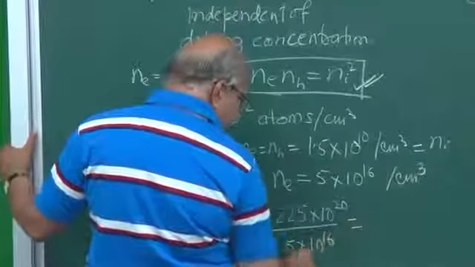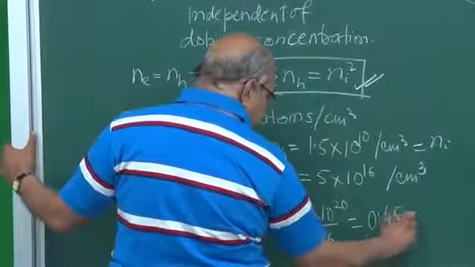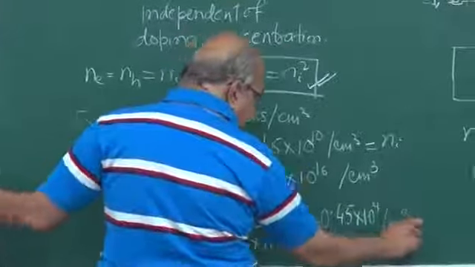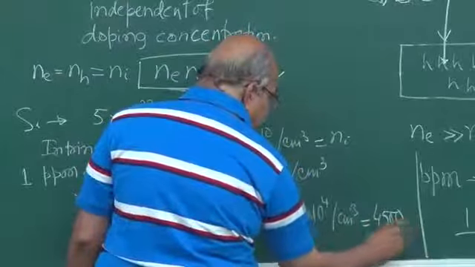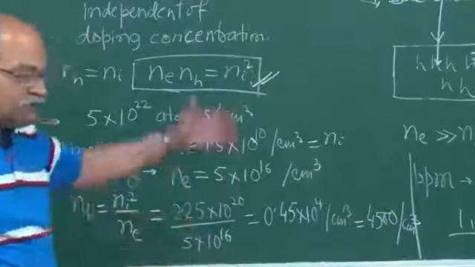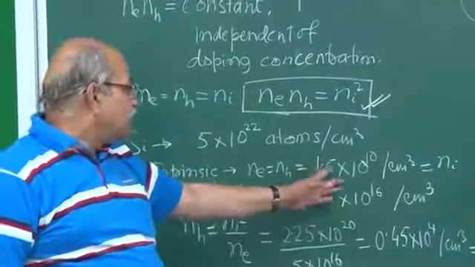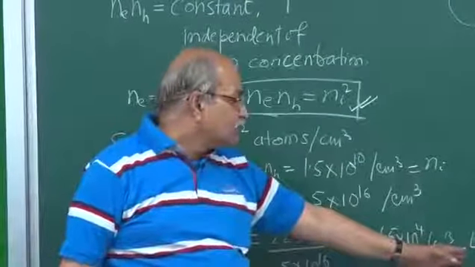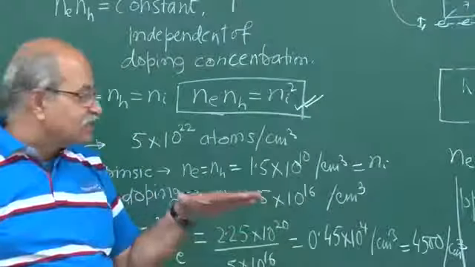This is now 0.45 into 10 to the power 4 per centimeter cube, which is just 4,500 per centimeter cube. Okay, so the number of holes has gone from 1.5 into 10 to the power 10 to just 4,500. The number of holes has gone terribly down.